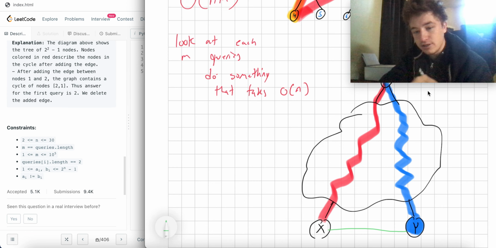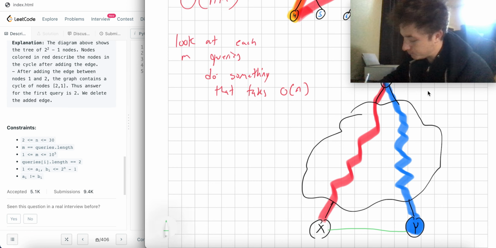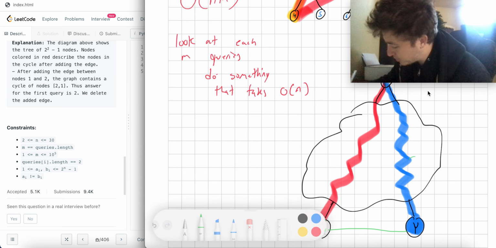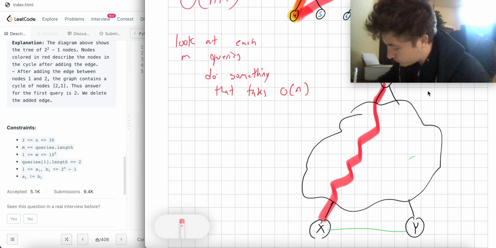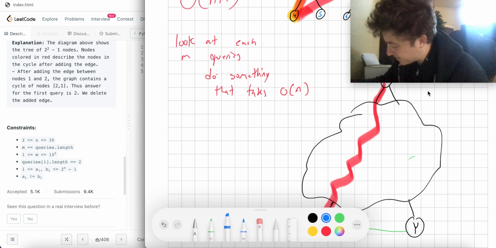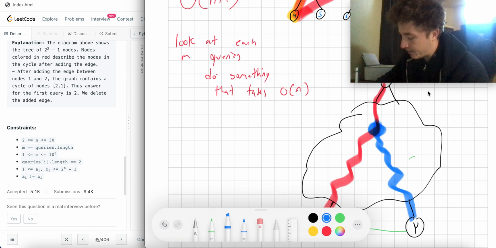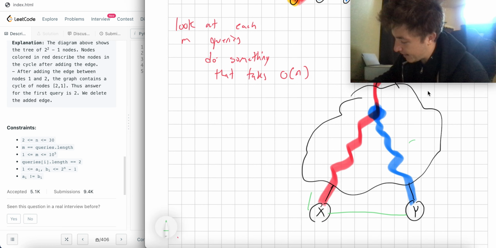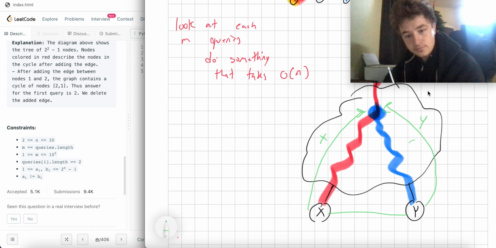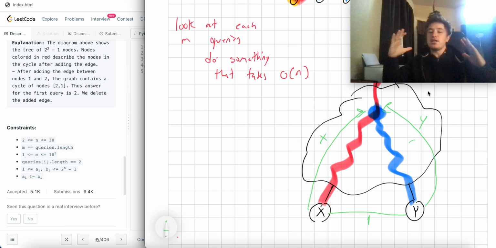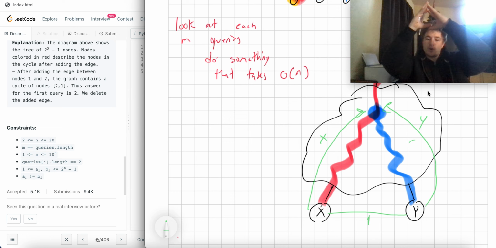So if I calculate X's path to the root, and then I try to connect Y to it, at some point Y is going to merge with X. At that point I would ask, what was the distance for X to get here, and what was the distance for Y to get here? And this is an added edge length of 1. So I just find the first place where these two things merge.